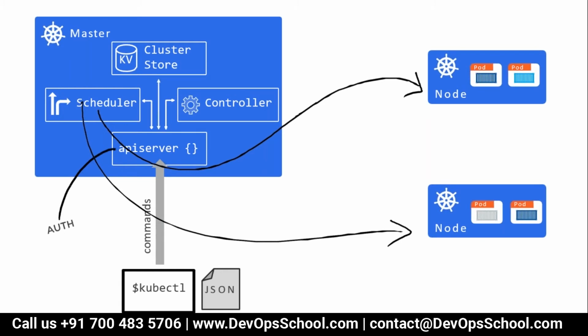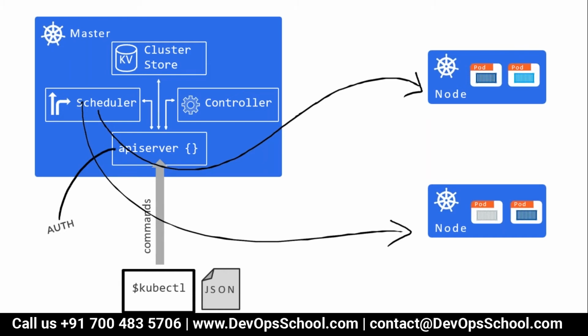Now the time has come to focus on the last component, which is the workstation. In the workstation, I have one utility, one tool, and the name of the tool is kubectl. That's a tool I need to install, which is not a problem.